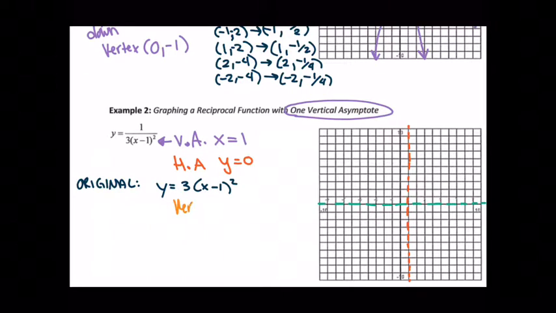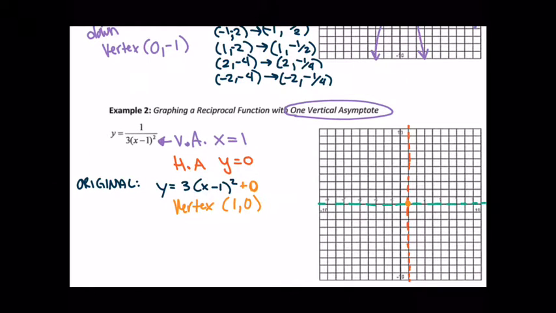The vertex of this graph is positive 1 and 0, so it's like adding 1 there. So the vertex is (1, 0) right here, which makes sense because it's our x-intercept, right? That's where our vertex is landing.